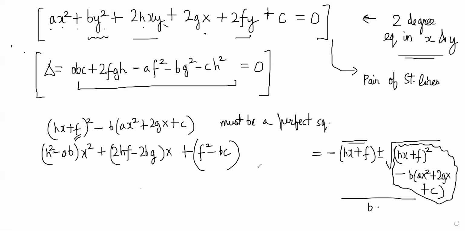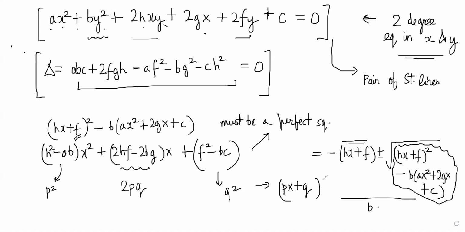This must be a perfect square. How can this be a perfect square? If the discriminant is 0. Or you can say that this must be p square, this must be q square, and this part must be 2pq. Then the whole thing can be written as px plus q whole square.